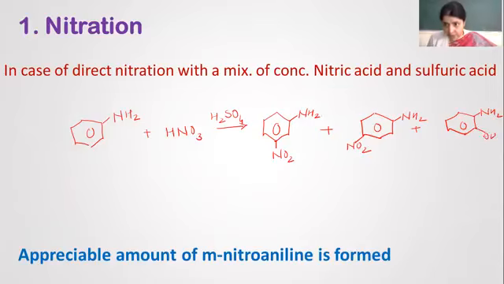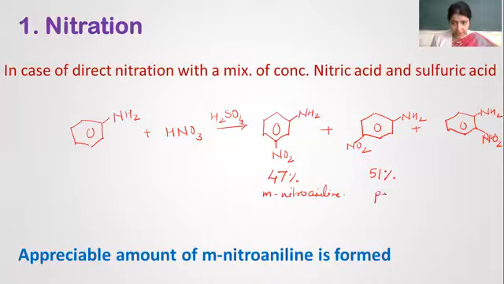But the amount of the formed products: meta-nitroaniline is formed as 47%, para-nitroaniline is formed as 51%, and there is 2% formation of ortho compound.